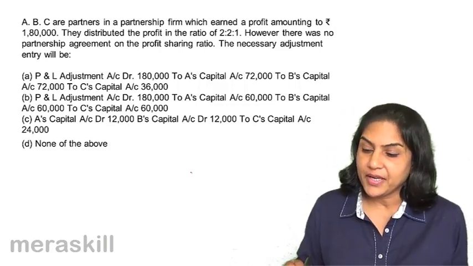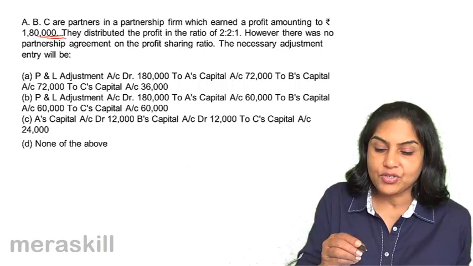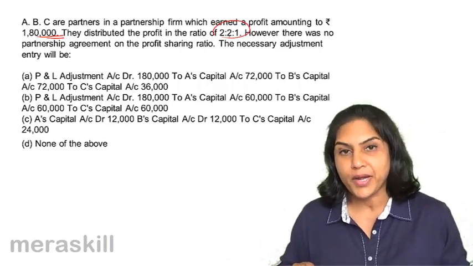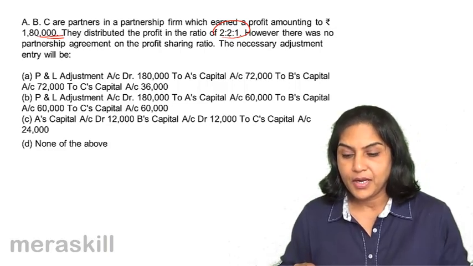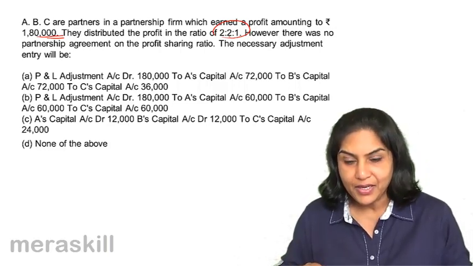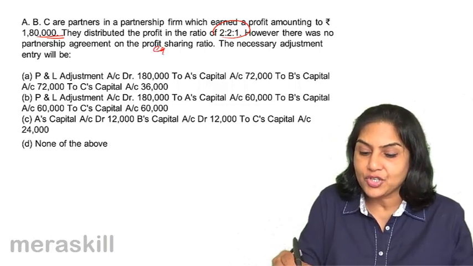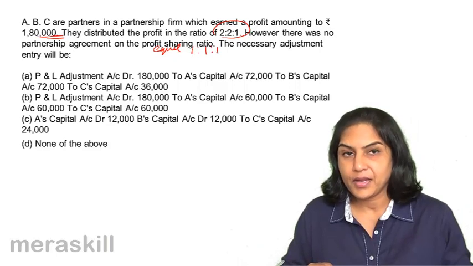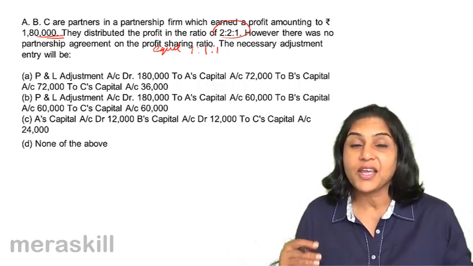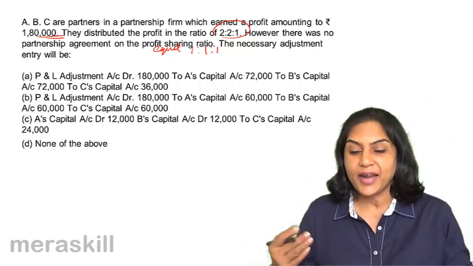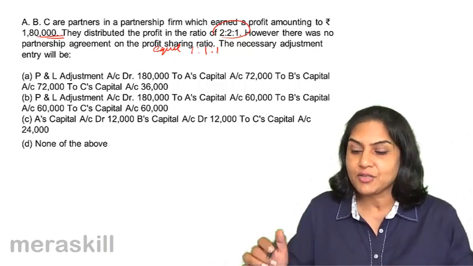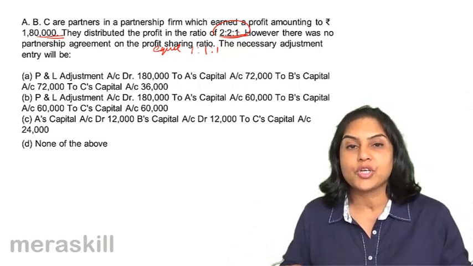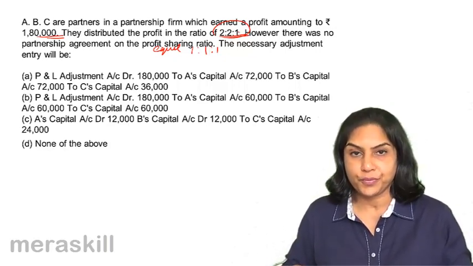So the problem here is that this 1,80,000 has been distributed in the ratio of 2:2:1. If there is no agreement, it is supposed to be equally distributed, 1:1:1. So now they are asking for the adjustment, the rectification entry, so that you can adjust this mistake that we have made of apportioning the profit in 2:2:1 ratio.